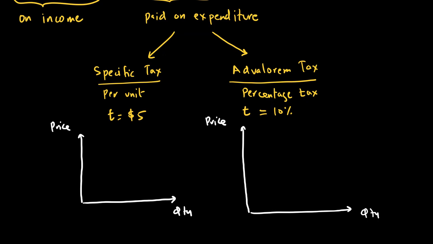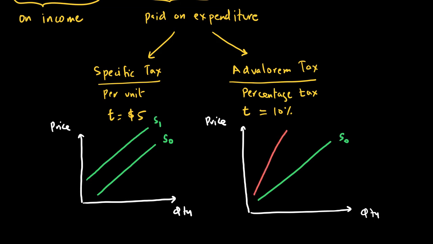The implication is simply that if this is my supply curve, and if I put a tax, my supply curve will shift backward in a parallel manner. While in this case, if the supply curve is, for example, S0, my supply curve will shift backward in a non-parallel manner.